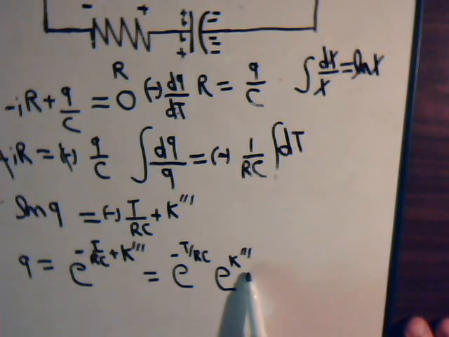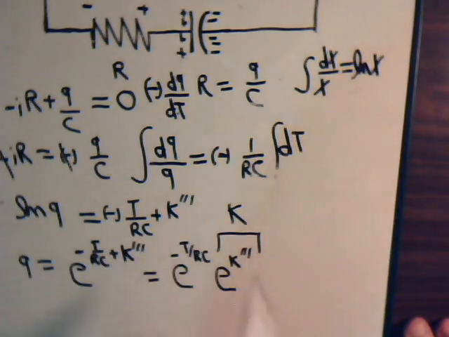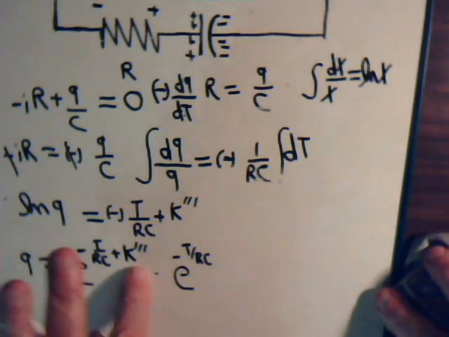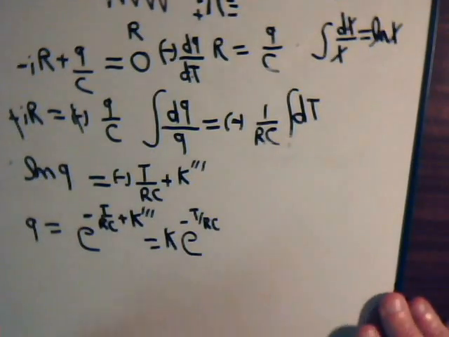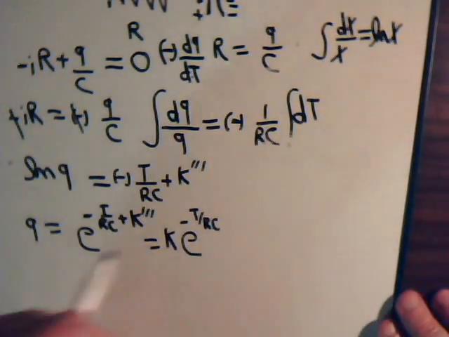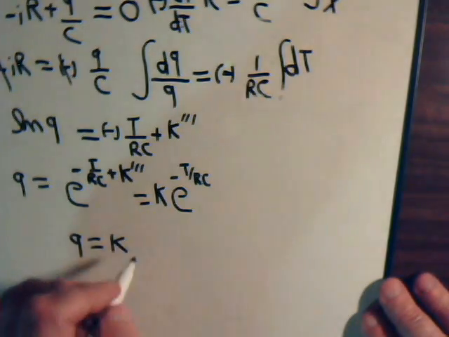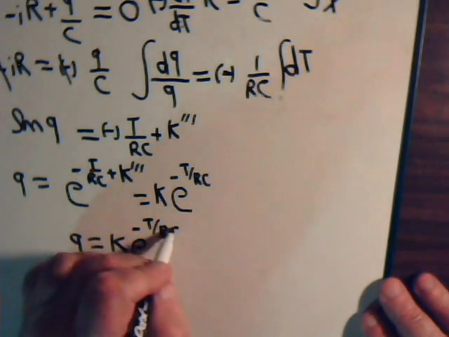It was just lumping two arbitrary integration constants together. This is a constant, so we have this raised to a constant power, so that's just going to be another constant number. We'll call it K. So we'll take this out and write K in its place. So we have this equation, Q equals K times e to the minus t divided by RC.